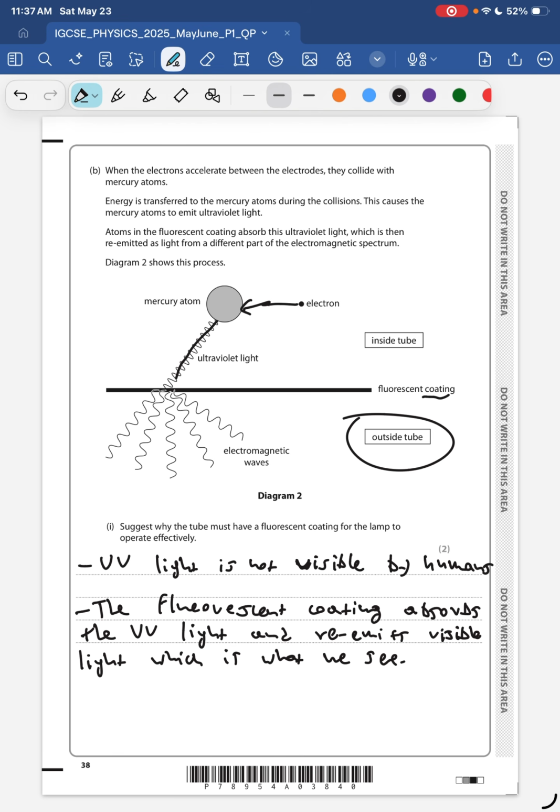Without the coating, it would be actually dangerous. UV light is actually dangerous for us. It's ionizing. We said that in a previous problem in this paper. So the lamp would be useless. So you need the coating.